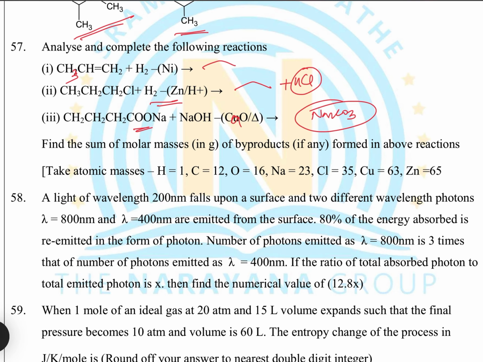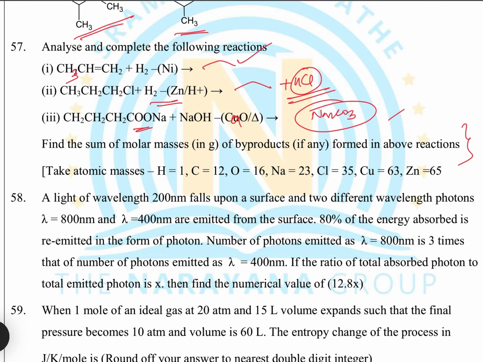What is it actually asking? Molecular mass of the side products. Find the sum of molar masses in grams of byproducts, if any, formed in the above reactions. Here HCl is formed. Here Na2CO3 is formed. I think something went wrong, because he is asking about byproducts. So the main product we are not taking.